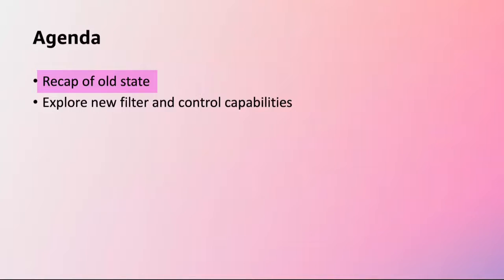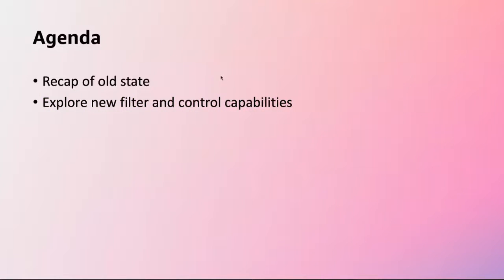I will replicate that scenario as best as possible with the current QuickSight features, to mimic the old state. We'll point out the deficiencies that we had in there, and then we will get into the improvements that were made and how that makes the authoring experience much easier and streamlined.